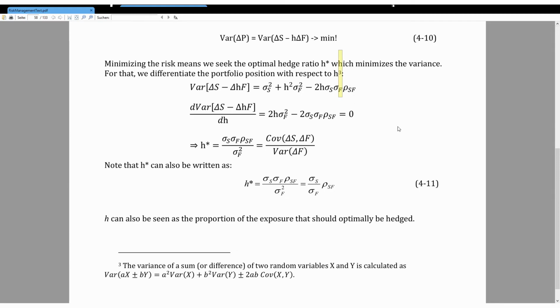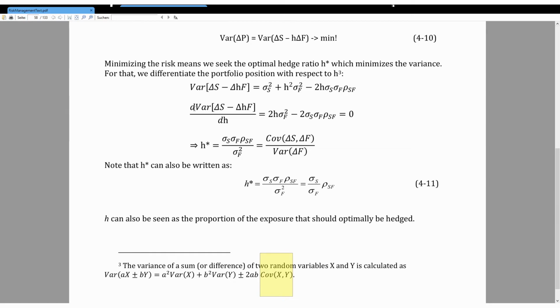We have a footnote, and that footnote tells us the variance of a sum of two random variables is calculated as shown here. This is nothing else but sigma S squared plus h squared sigma F squared minus 2 times h times the covariance, which is sigma S, sigma F, times the correlation coefficient of S and F. That would be this covariance here.